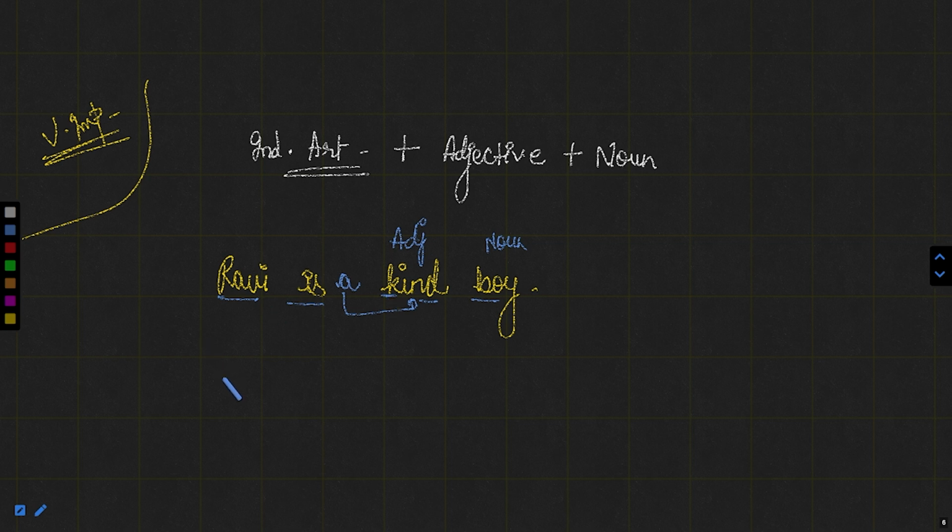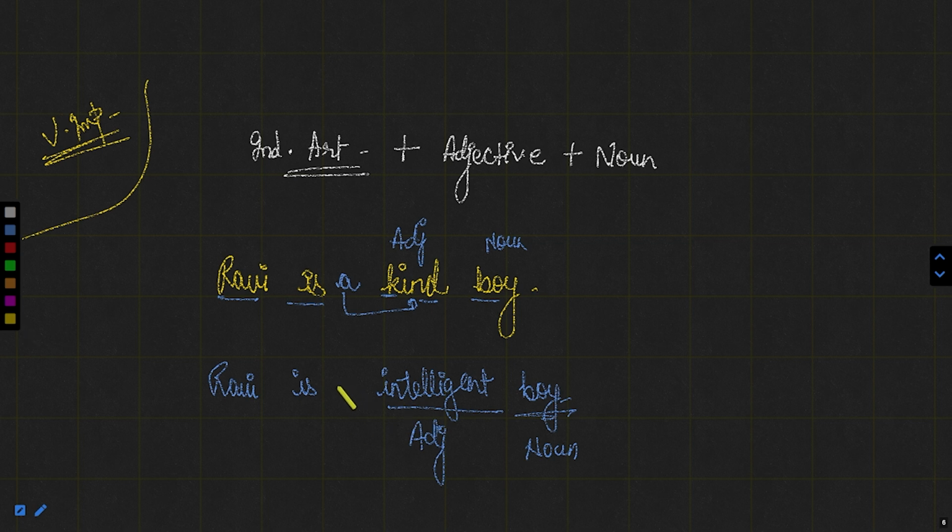Now, we can also say that Ravi is intelligent boy. Intelligent is an adjective and boy is a noun. So here I need to write Ravi is an intelligent boy.